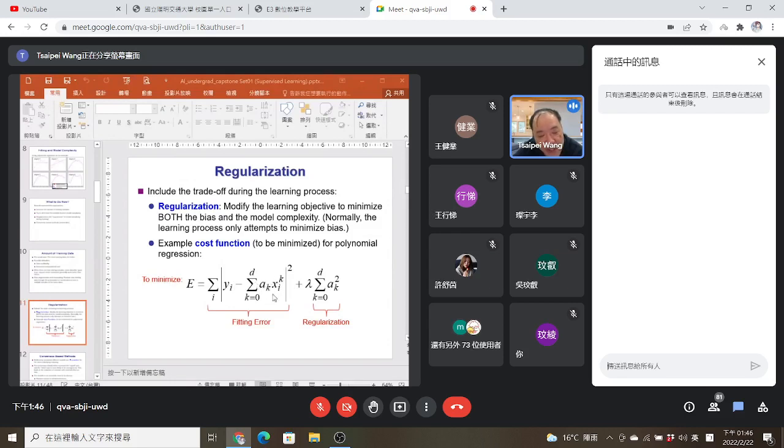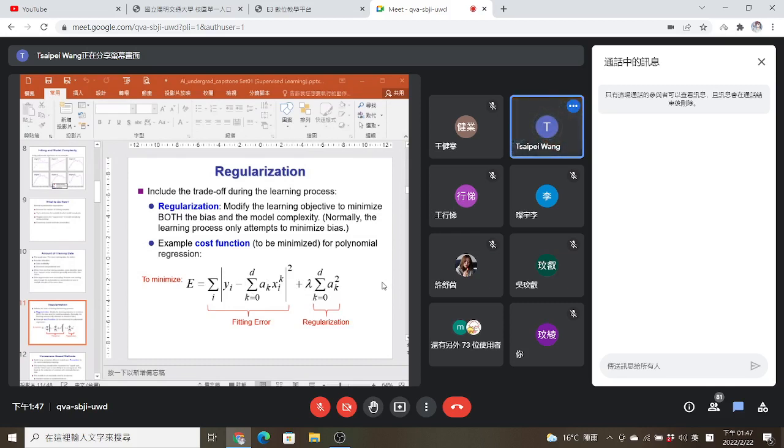Those a_k are the coefficients. And this is a term that penalizes the complexity. This is a very simple one, but this form can be used in a lot of similar objective functions, like using a neural network or something like that.